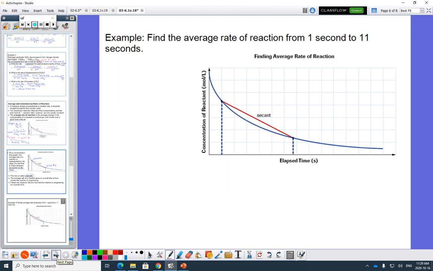Find the average rate of reaction from 1 to 11 seconds. Even if you can't really see the grid, let's just go up by ones: 1, 2, 3, 4, 5, 6, 7, 8, 9, 10, 11. I think the secant that the textbook picks is not great, so let's draw a new one. We're going to do 11 seconds and 1 second.